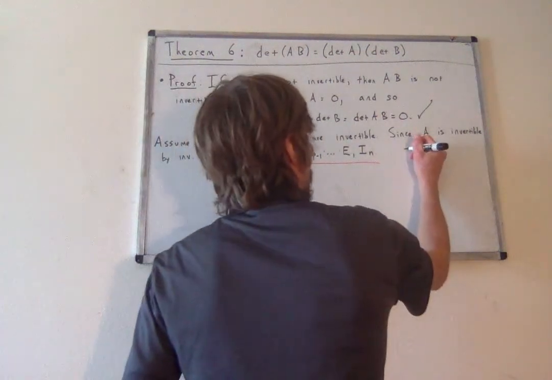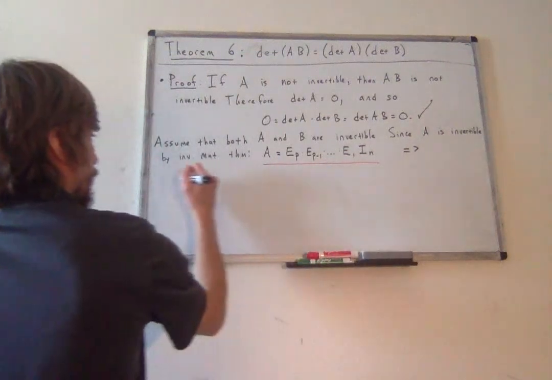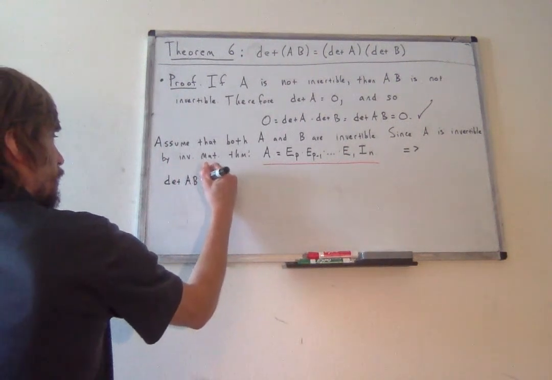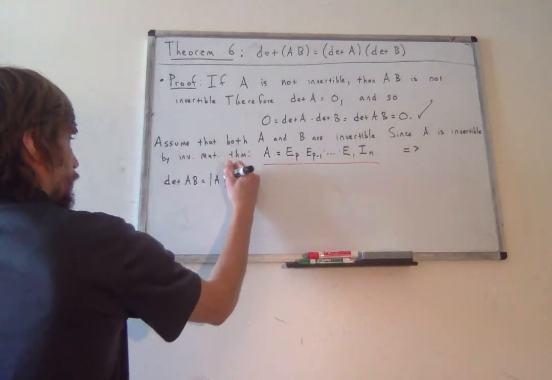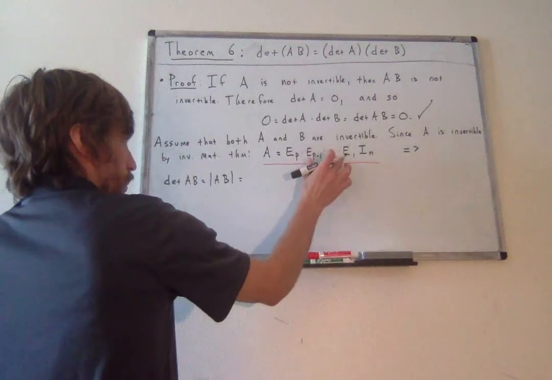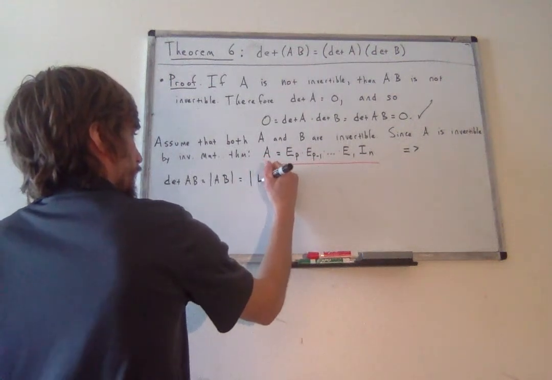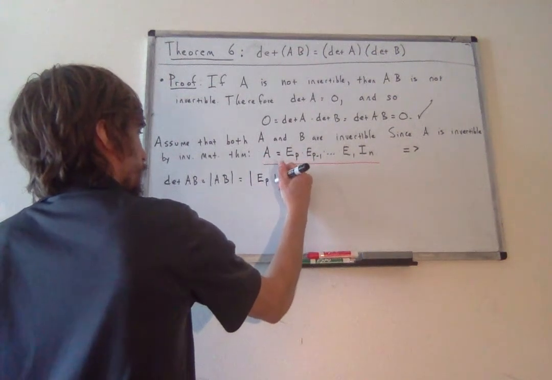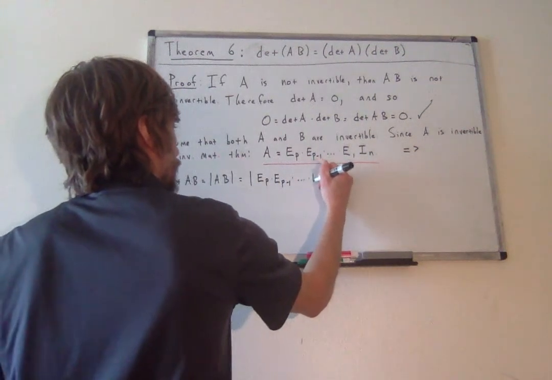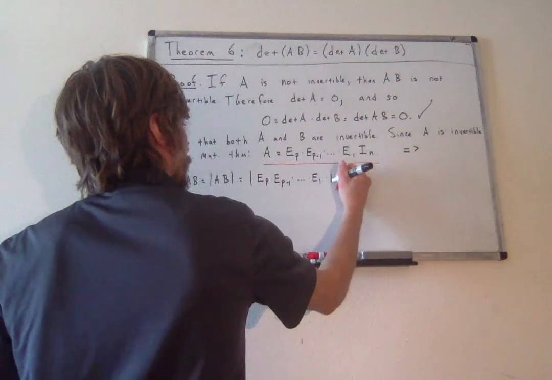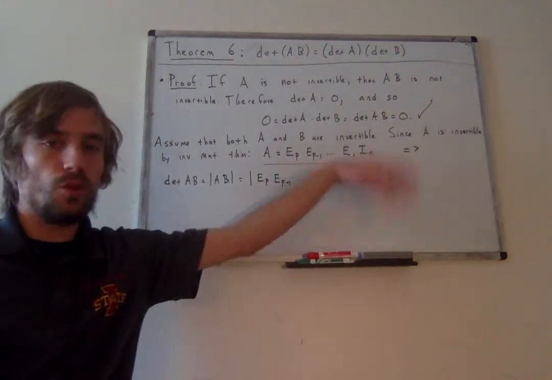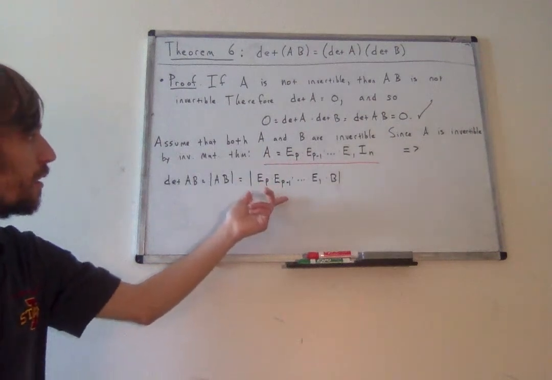But this means that the determinant of A times B, which using our determinant notation we'll abbreviate like this, well, what I can do is just replace A by this product of elementary matrices, because I've already shown that A is equal to this product, and I can just drop the In because it doesn't change anything.